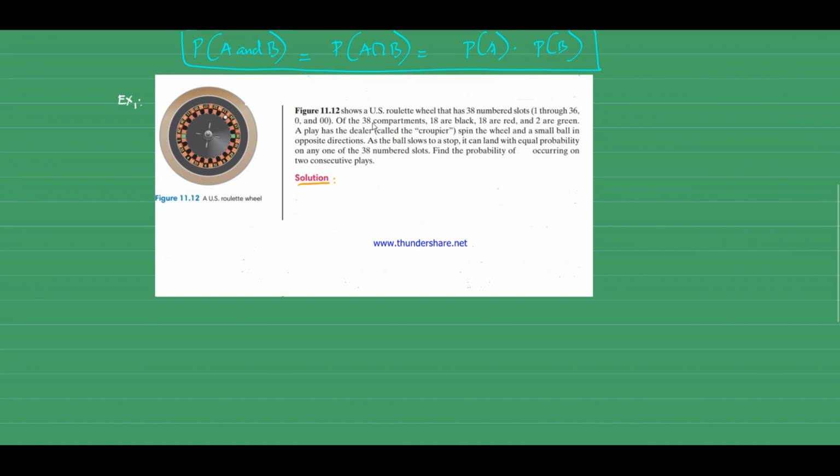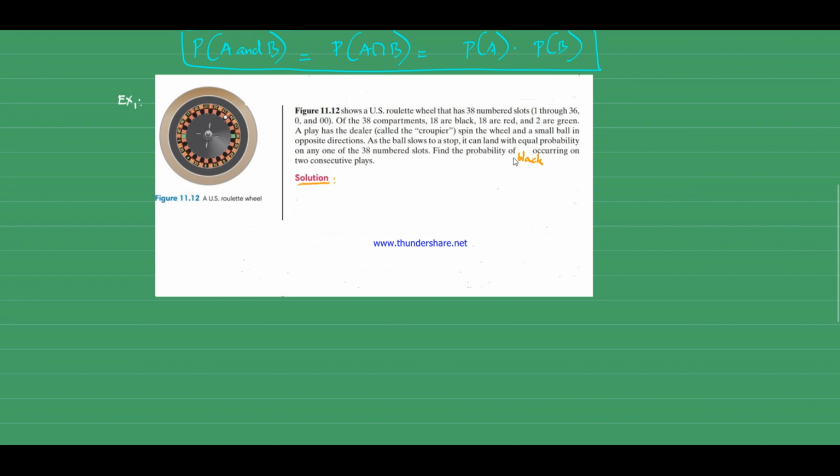We have a total of 38 compartments, 18 black, 18 red, 2 are green. Find the probability of black occurring on 2 consecutive plays.